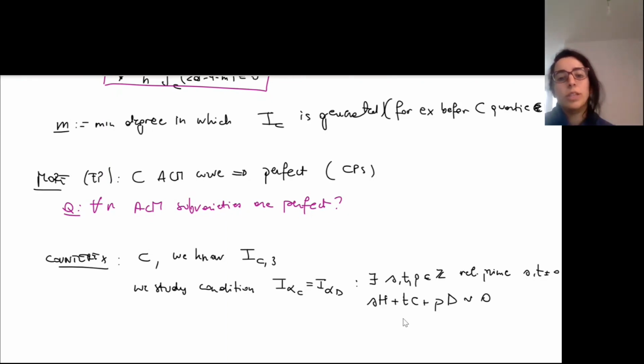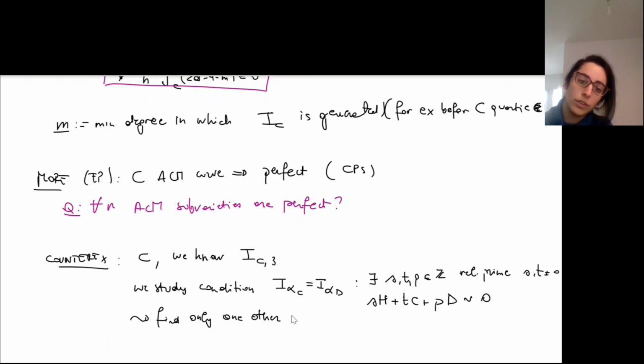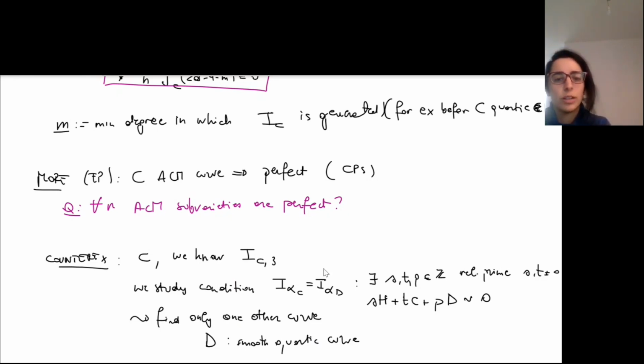So we study this condition of defining the same ideal, the same class, and we find only one other curve, D. This is again a smooth quartic curve. That is an intersection, again, I said that S is a quartic surface.